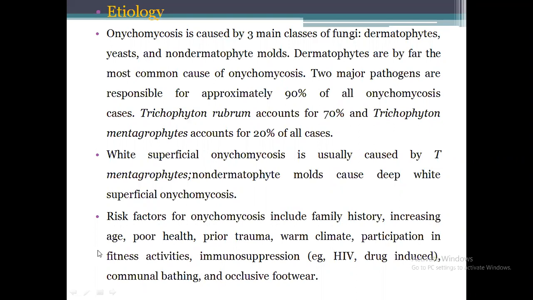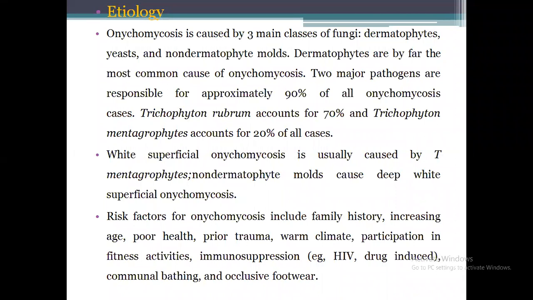Risk factors for onychomycosis include family history, as we know it can be spread from person to person. It's a kind of contagious disease, and family history can also be a risk factor.